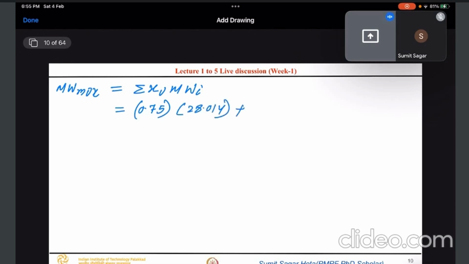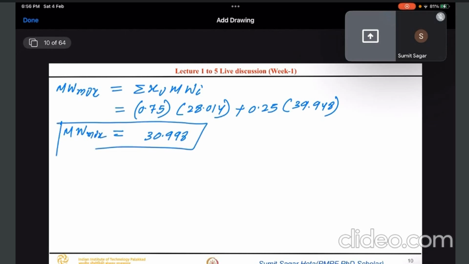You should directly understand. This is the molecular weight of the mixture.